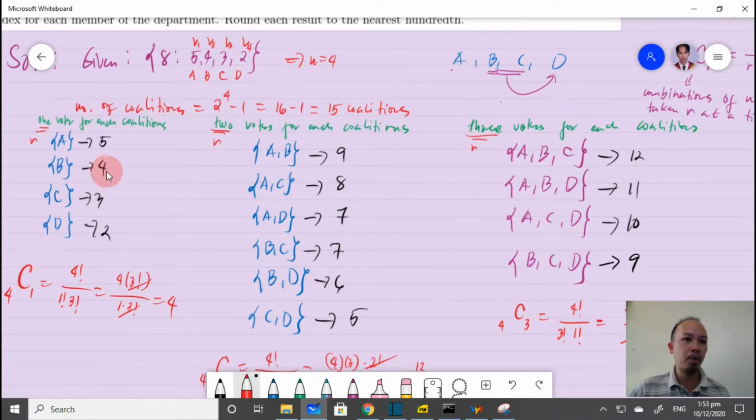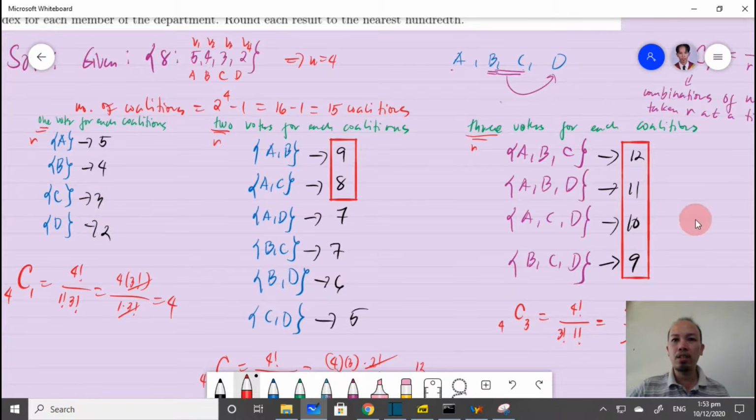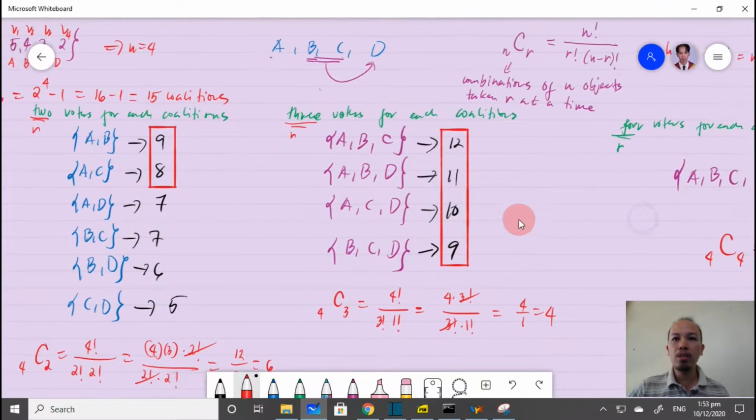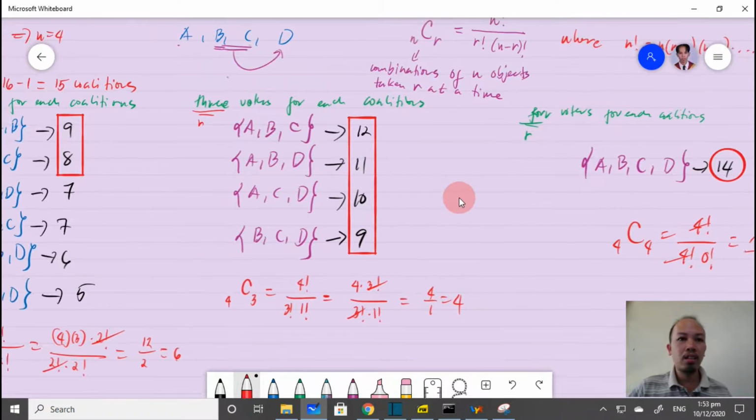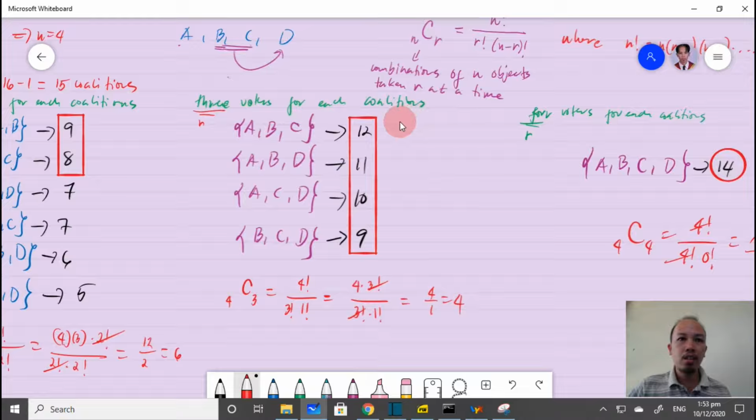The 5 and 4 are not winning coalitions. These are greater than or equal to the quota, and also this one here, 14. How many winning coalitions? 1, 2, 3, 4, 5, 6, and 7. There are 7 winning coalitions.